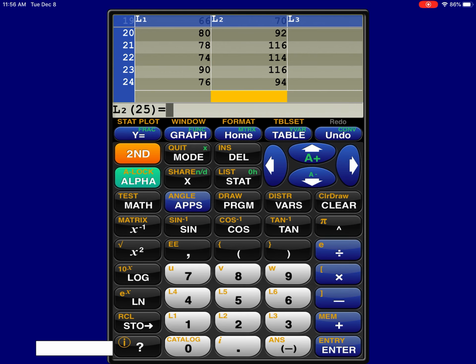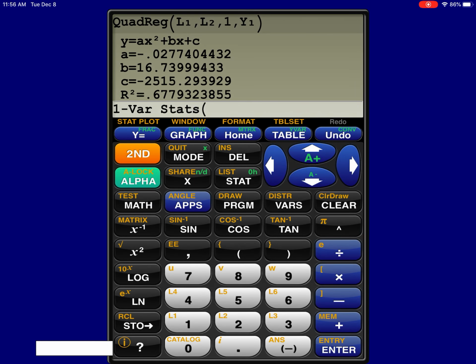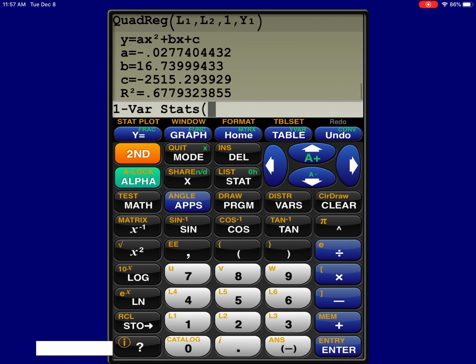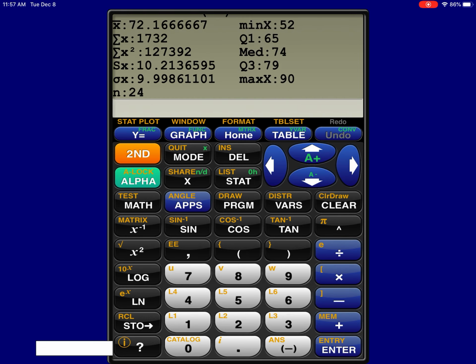Okay, so I'm going to calculate one var stats for each of those. So stat calc, one var stats. And then here, you just need to put in your list, L1. Okay, and there's my summary statistics that I need. I need X bar and SX, which is standard deviation.